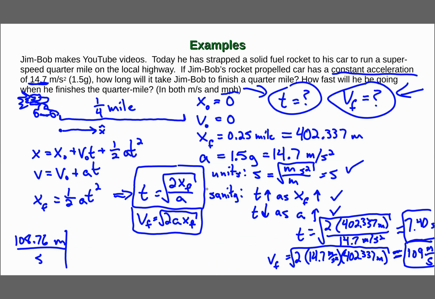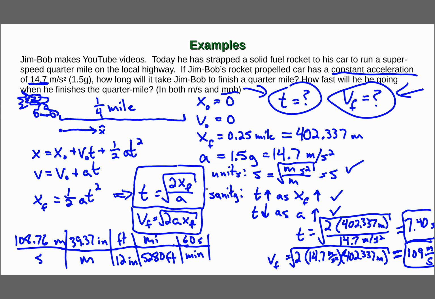Times 39.37 inches per meter, 12 inches in a foot, 5,280 feet in a mile, and then 60 seconds in a minute, 60 minutes in an hour.